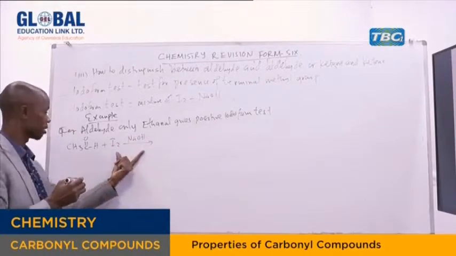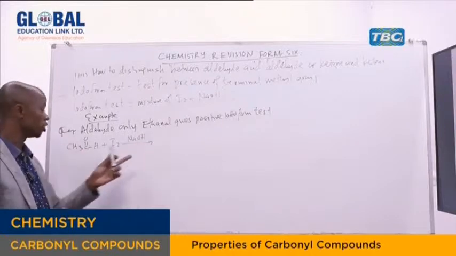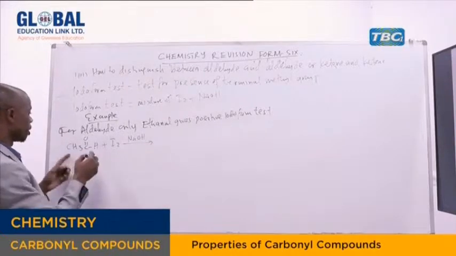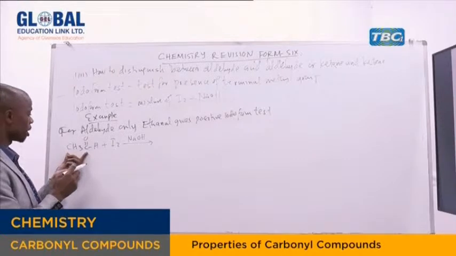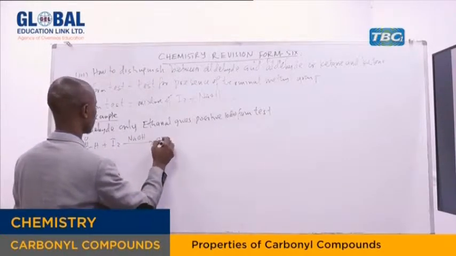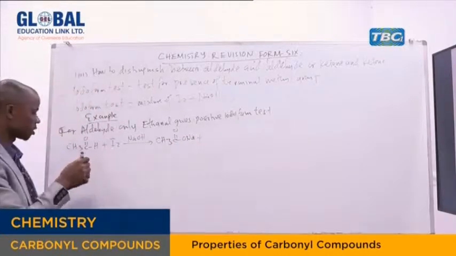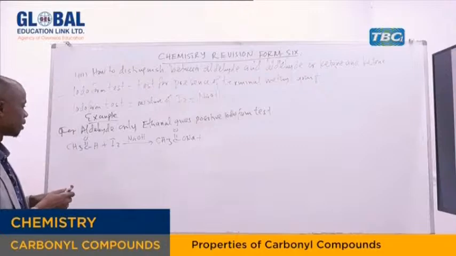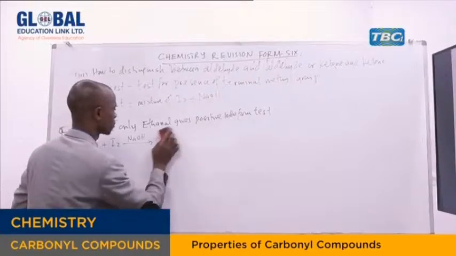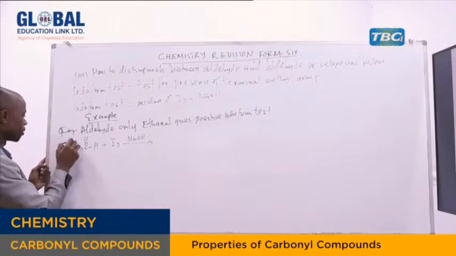This is the iodoform test. This ethanol will be oxidized into a carboxylate salt. Because there are two carbon atoms here, this will be sodium carboxylate. And the terminal methyl group that we're talking about is this one.